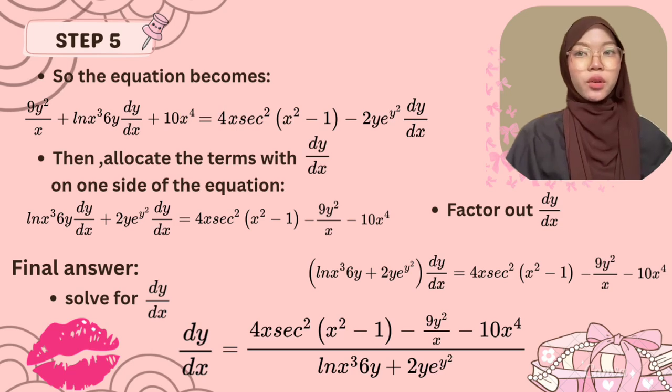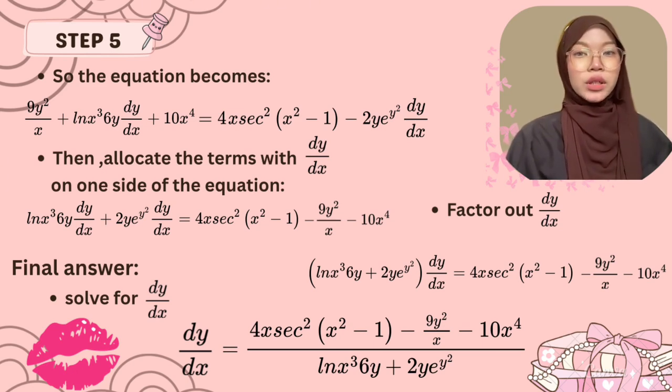Step 5, so the equation becomes 9y squared over x plus ln x^3 6y dy/dx plus 10x^4 equals 4x sec squared (x squared − 1) minus 2y e^(y squared) dy/dx. Then we need to collect the terms with dy/dx on one side of the equation: ln x^3 6y dy/dx plus 2y e^(y squared) dy/dx equals 4x sec squared (x squared − 1) minus 9y squared over x minus 10x^4.